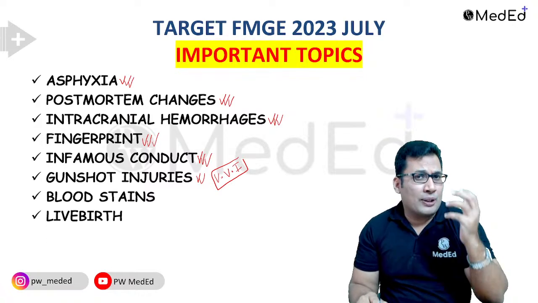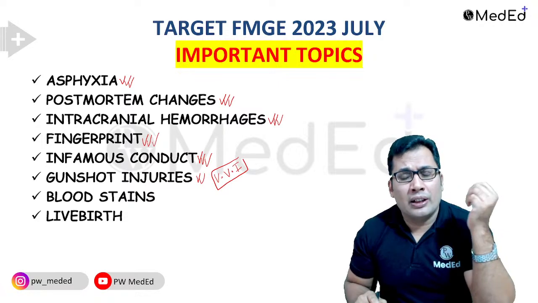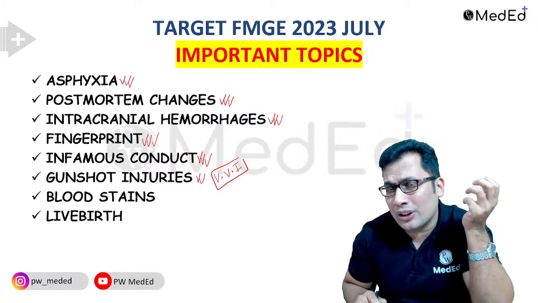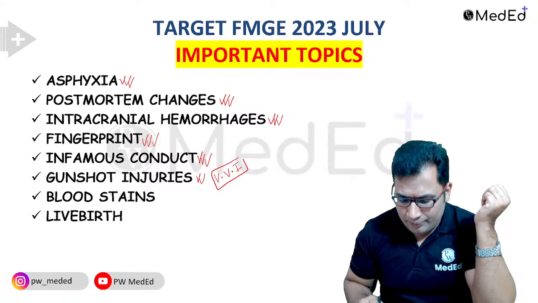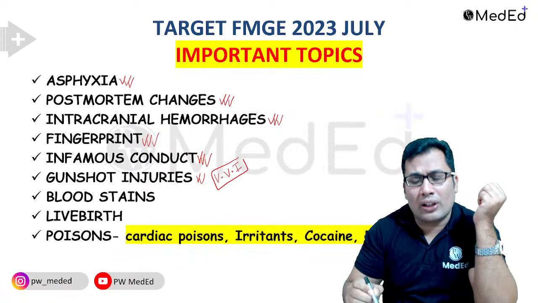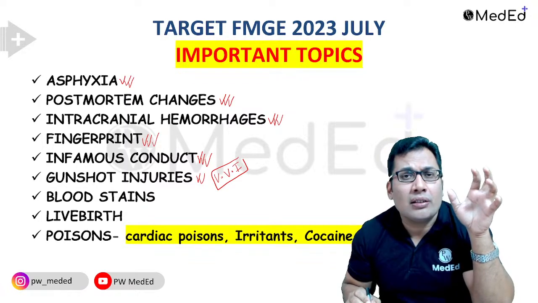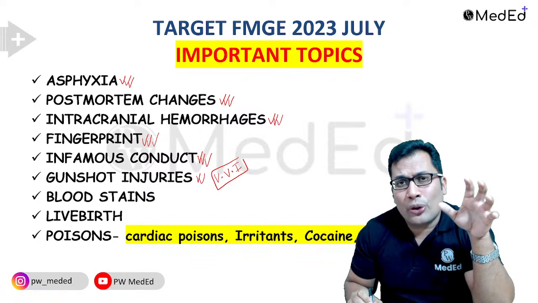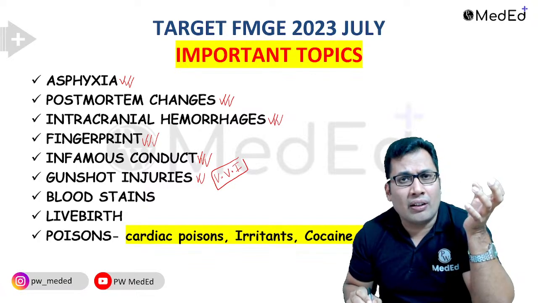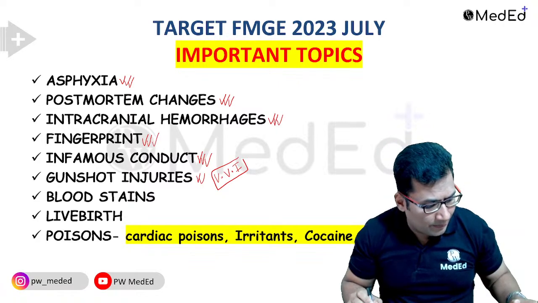Live birth, especially infant death, stillbirth, features of dead born child, and lastly toxicology. In toxicology, important topics are organic irritants, cardiac poisons, cocaine, and datura, and some image based questions.